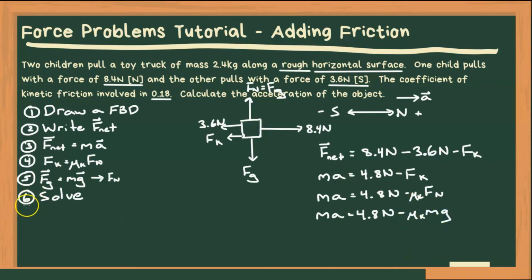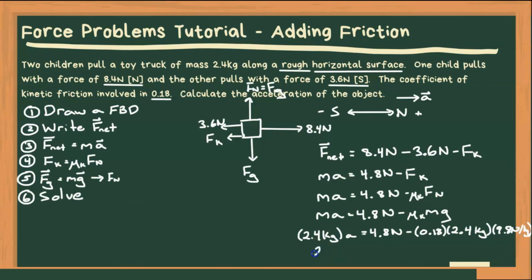And that leads us to our last step of solving and, of course, substituting what we know. So the mass is 2.4 kilograms. So let's write 2.4 kilograms times acceleration will equal 4.8 newtons. We know mu k is 0.18 times the mass we know, 2.4 kilograms, times gravity, which is 9.8 newtons per kilogram.